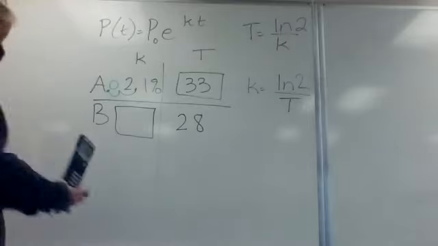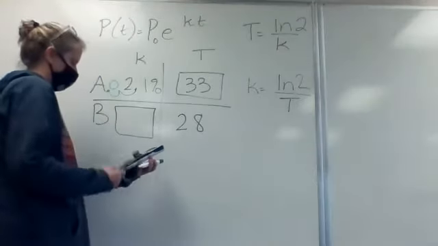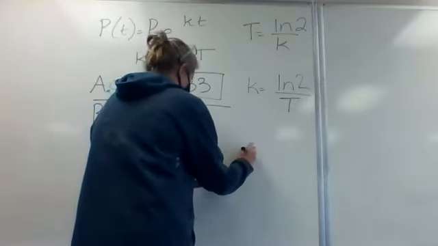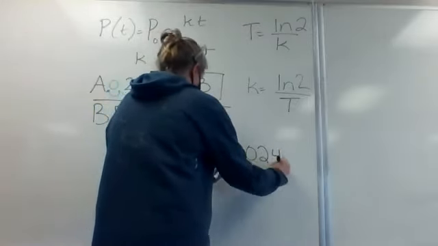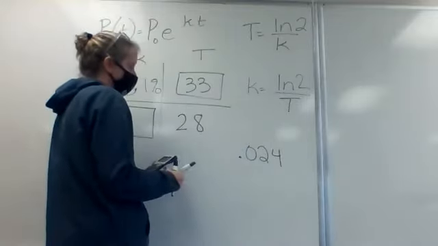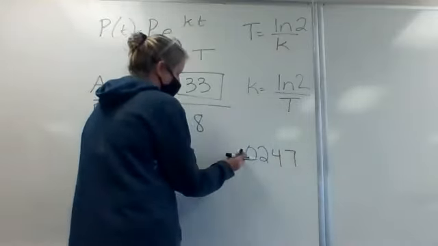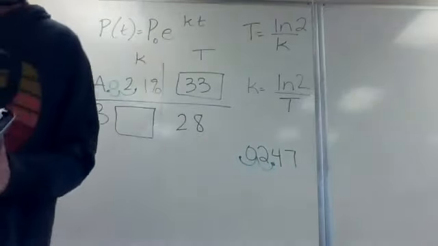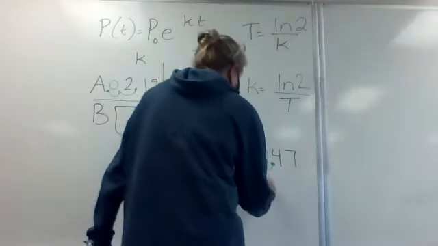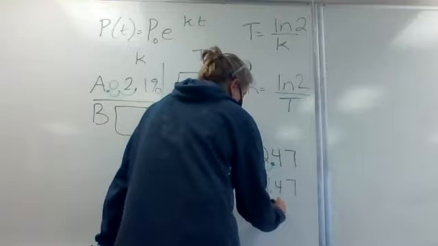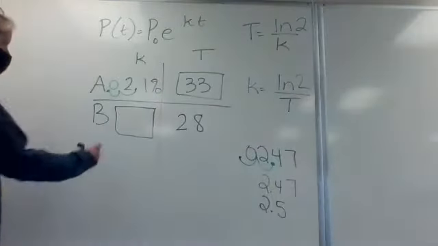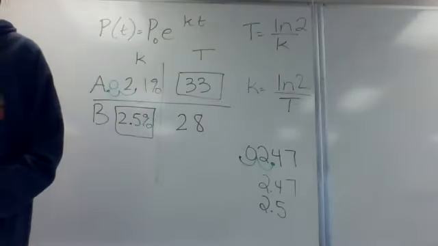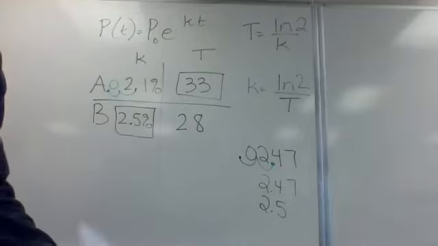And we're going to round this to the nearest 10th. So I got 0.024. Now I've got to turn it into a percent. So it's 2.47%, which rounds to 2.5%. So if it took 28 years for the population to double, that means it was growing at 2.5%.